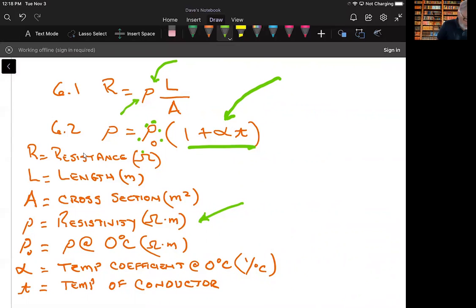Now, sometimes to make this maybe a little more complicated, but it shouldn't do that, sometimes we want to express the losses based on the heat that's generated in terms of the watts per kilogram of a material.